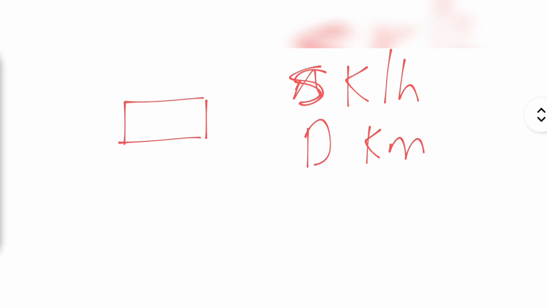Usually in this concept there is always a train crossing one more train or one more person. There are two trains moving either in the same direction or in the opposite direction. We will see what the effect is on distance, speed and time when they move in the opposite direction and when they move in the same direction.